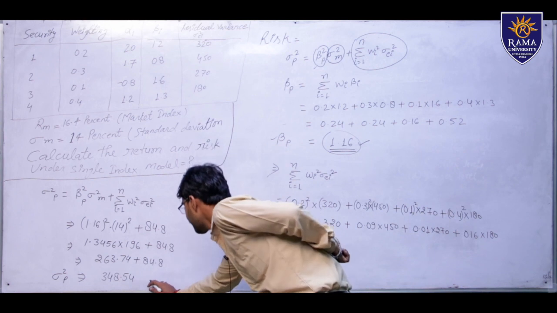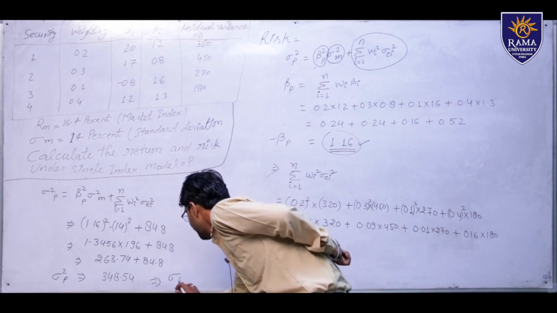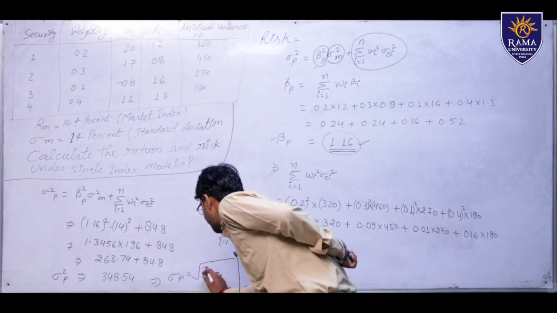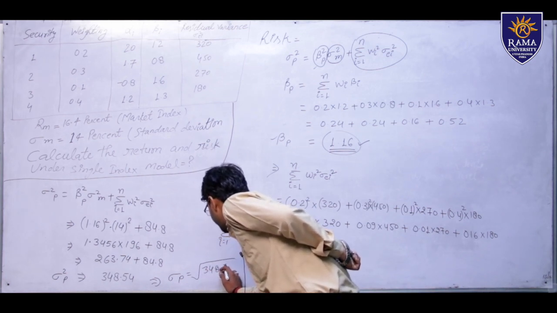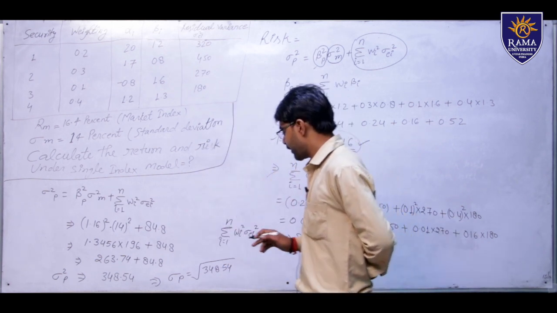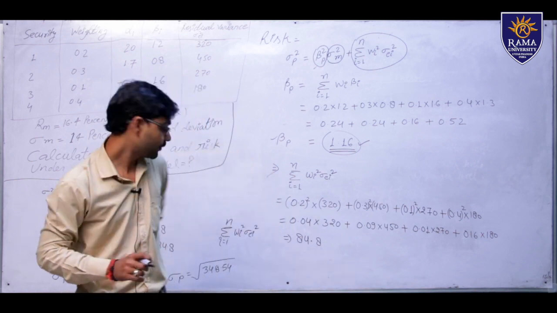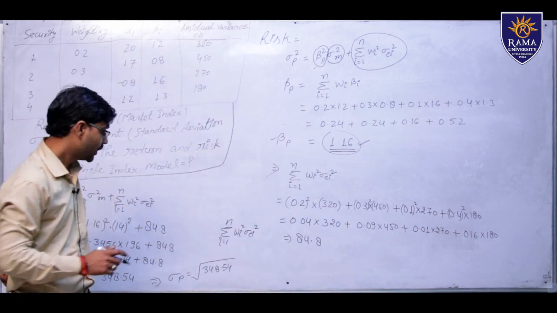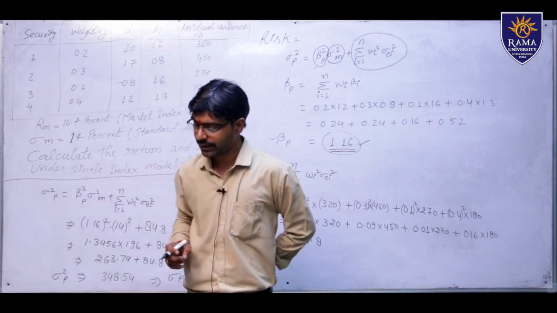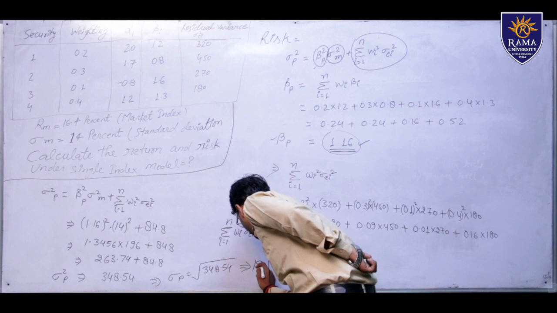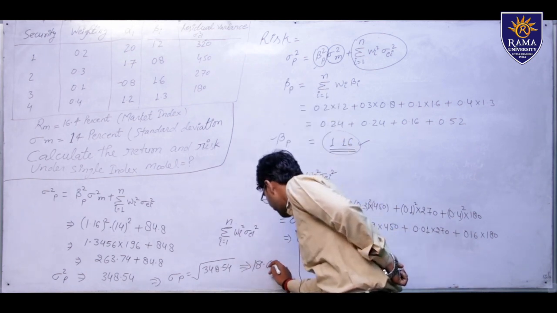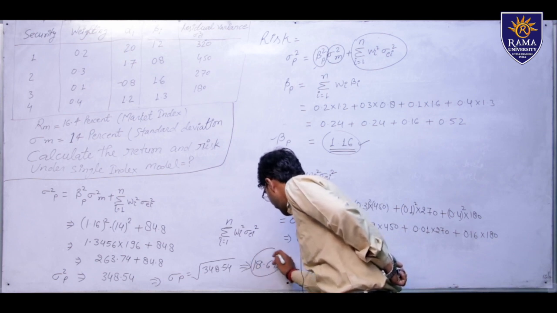So when there is a square, we take the under root of 348.54. The root of 348.54 is 18.67.